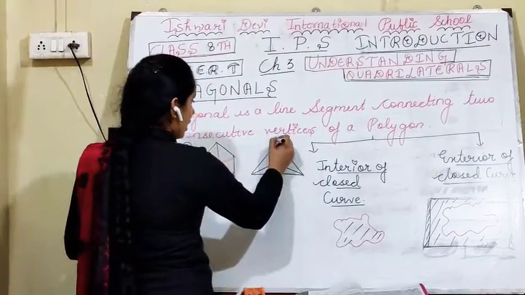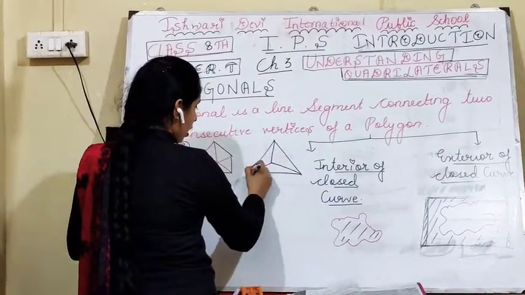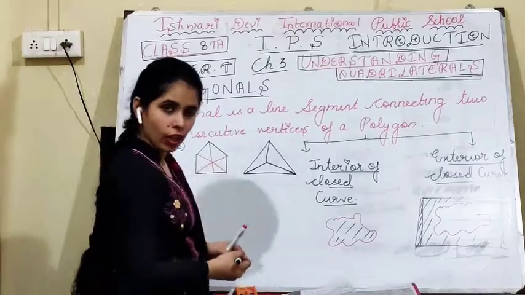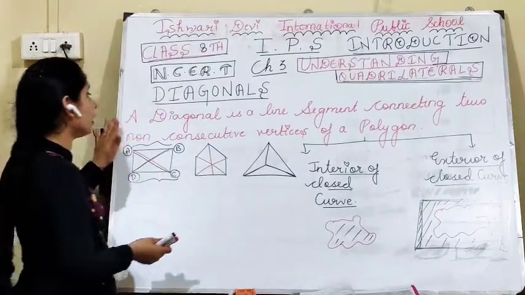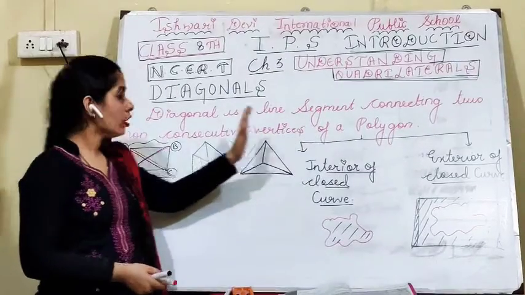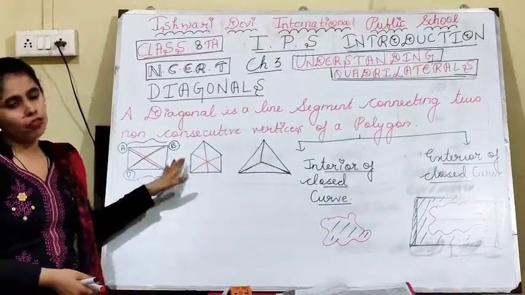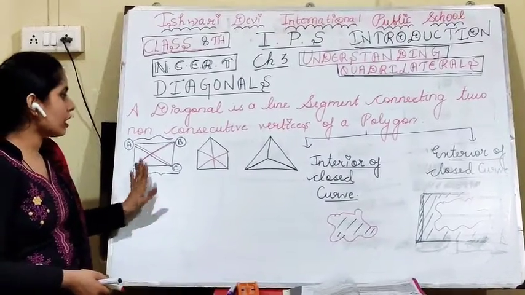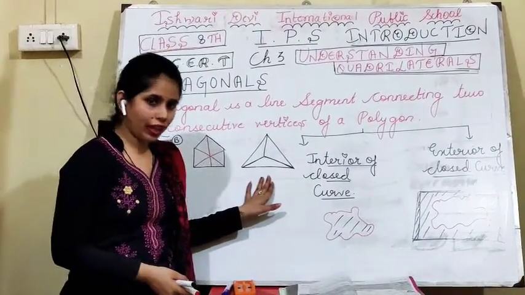So this is connected to here, this connected to here and this connected to here, right? So these are the diagonals, or the line segments connecting two non-consecutive vertices of the polygon. So this is the quadrilateral, pentagon and triangle.